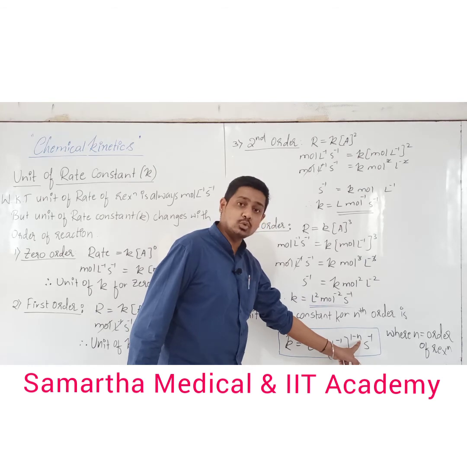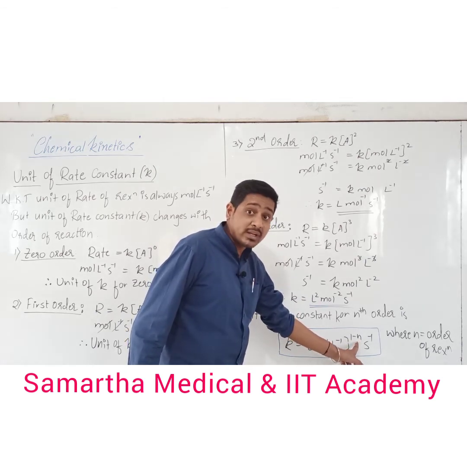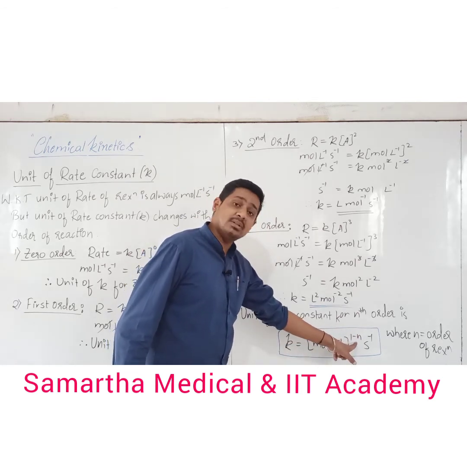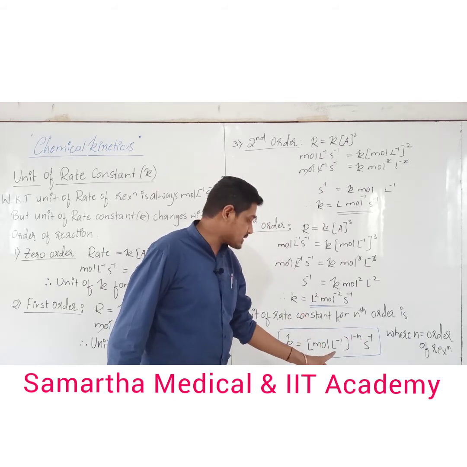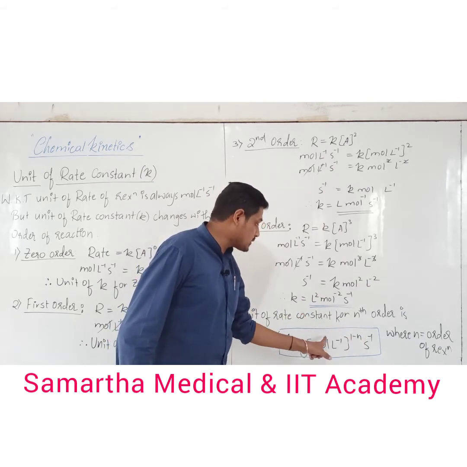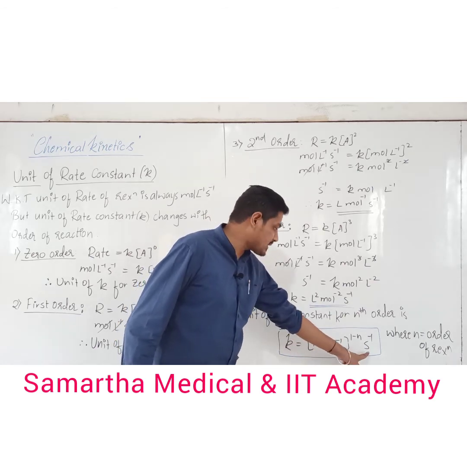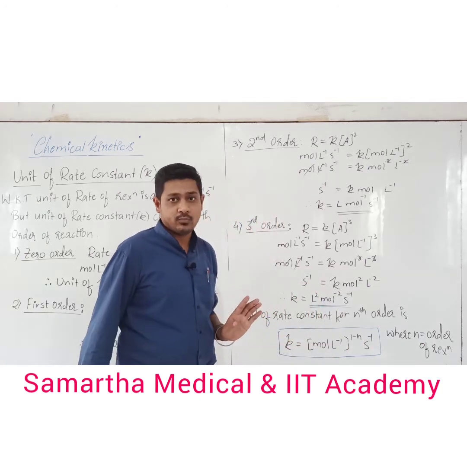Okay, when n equals 2, it becomes 1 minus 2. It will become minus 1 here. So what is the unit then? Per mole, minus 1 will be there, right? Per mole. Minus 1 into minus 1 will become plus 1. So here moles to the power minus 1 and liter to the power positive 1. Then per second. So it will be liters per mole per second.